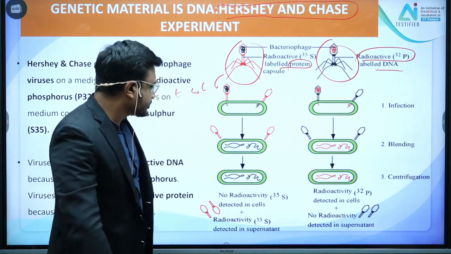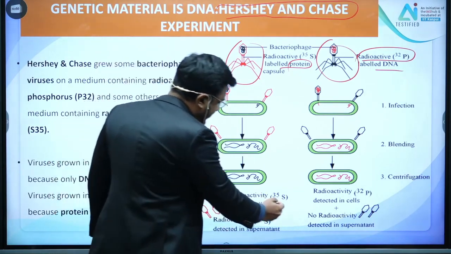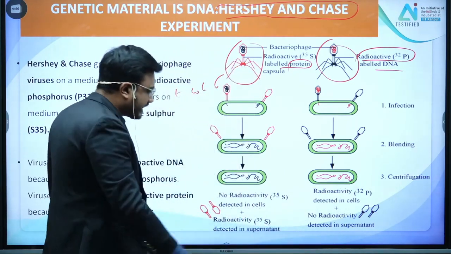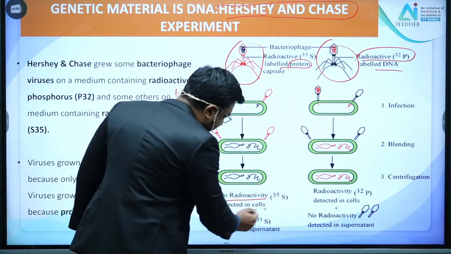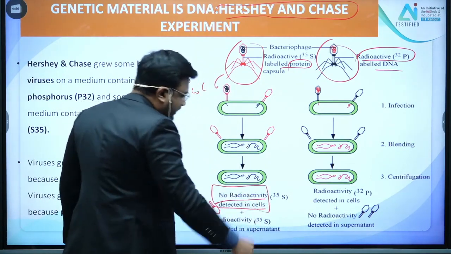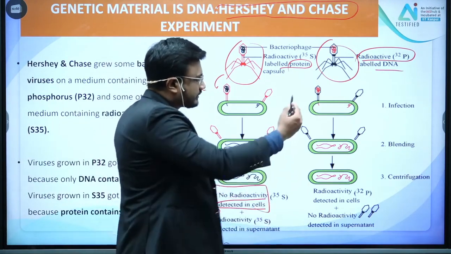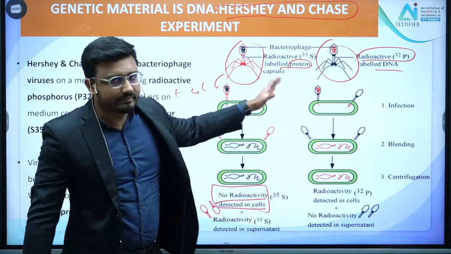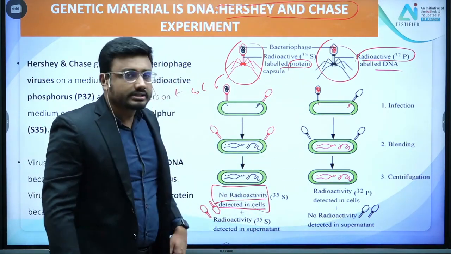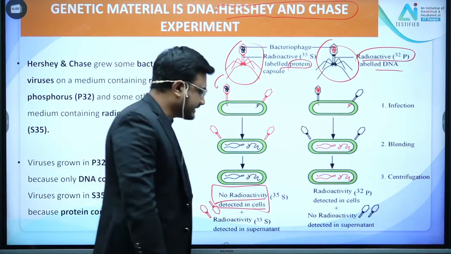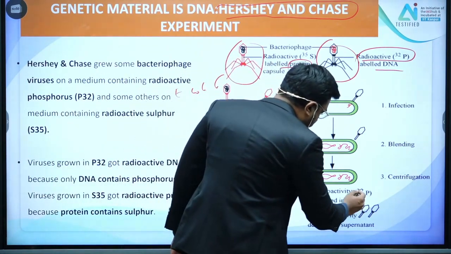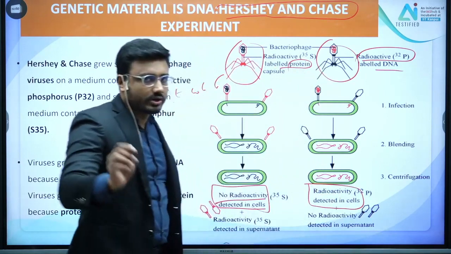When they infected the E. coli cells, in the last step, the centrifugation, there was no radioactivity detected in the cells with the protein label. Whereas with the bacteriophages labeled with radioactive DNA that infected the E. coli cells, the radioactivity was detected in the E. coli cells.